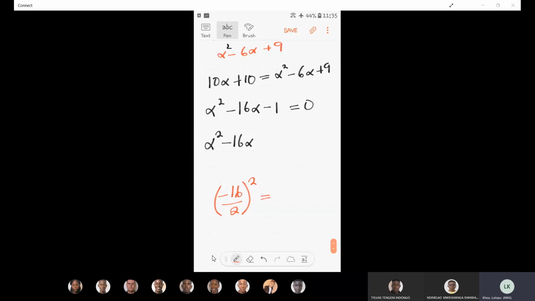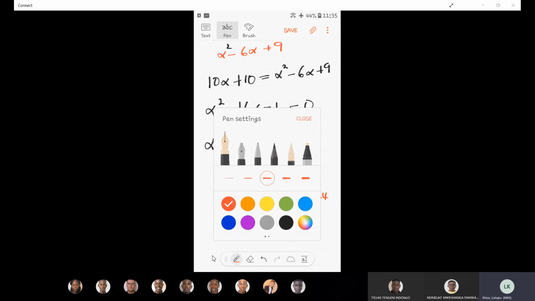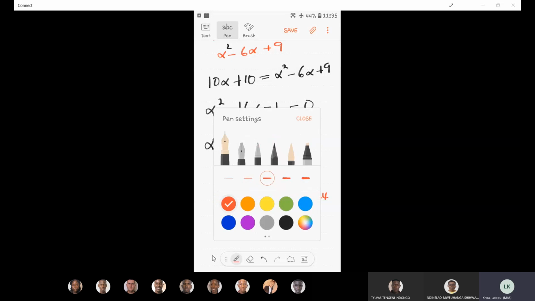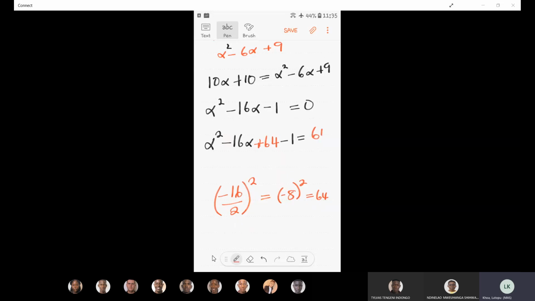This is just -8 squared, which is 64. So you will add 64. And I know some of you like to add it on both sides. Instead of adding and subtracting, that's also fine. So let me also use that way. So -1, this is equal to 64. So you can see I've added 64 on the left and on the right, so nothing has changed.